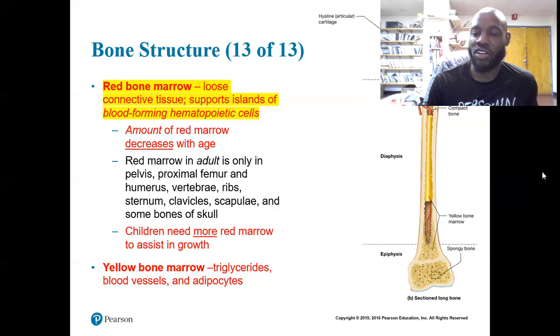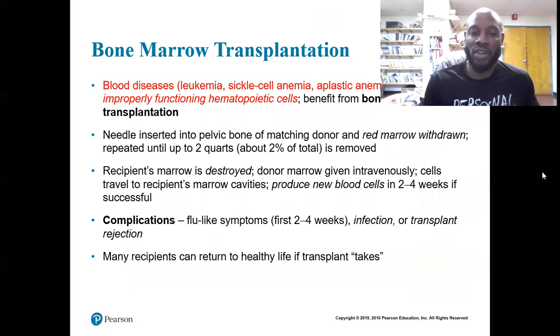So that articular cartilage is going to be very important when we talk about forming joints, connecting one bone to the next. All right, just a little real life situation, a medical application we have here is the bone marrow transplantation. Right? So people with leukemia, sickle cell anemia, basically their red bone marrow is not correctly producing red blood cells.